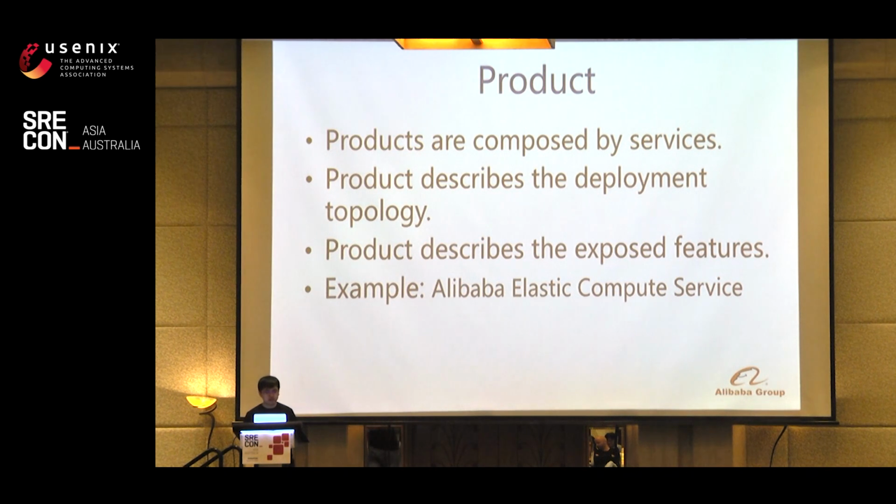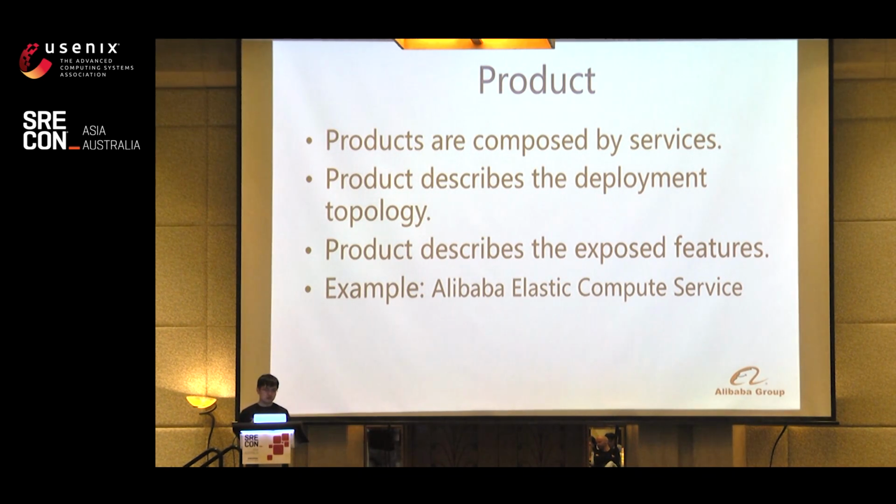The first one is product. The product concept is quite simple for the end users. Products are composed of services. It means that if we want to provide a product, normally we need several services to make a real product.